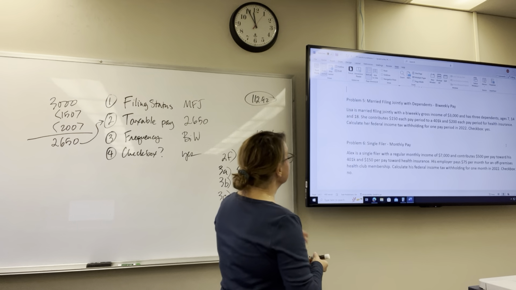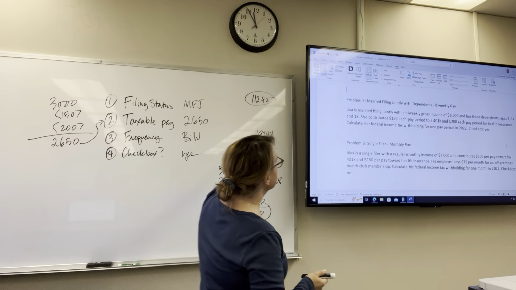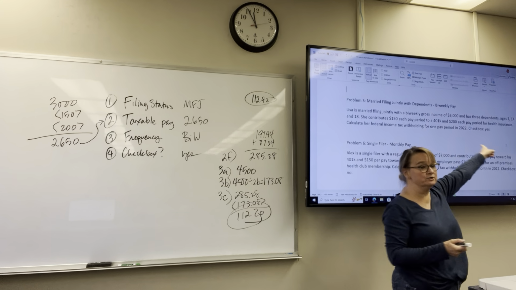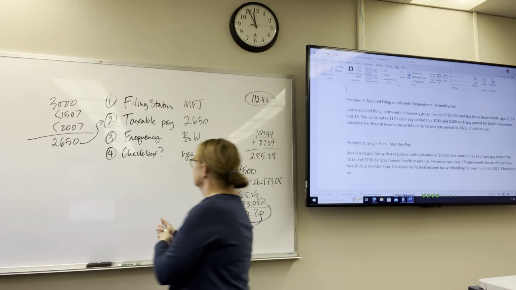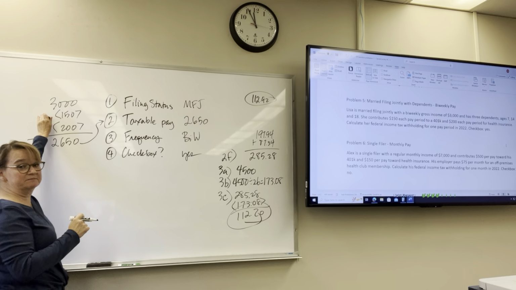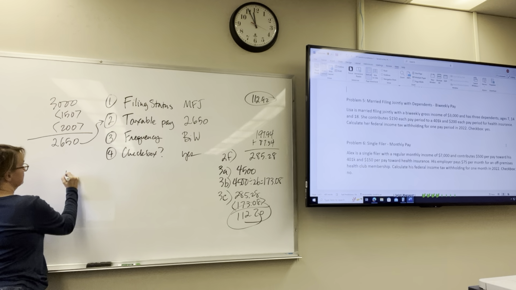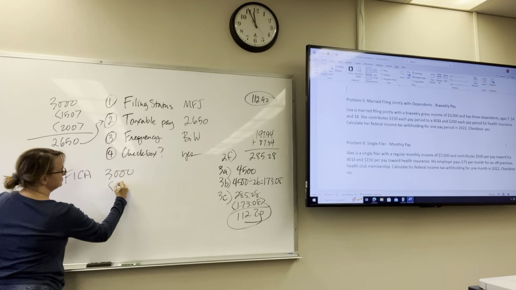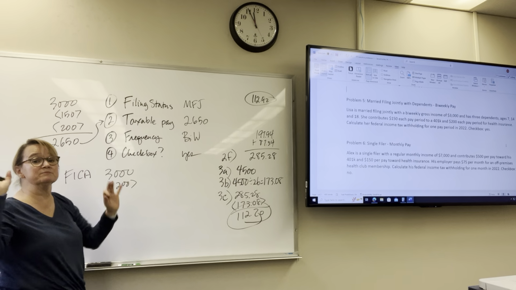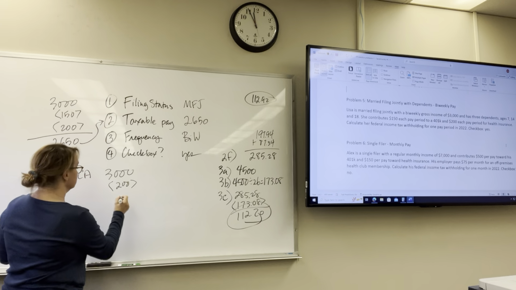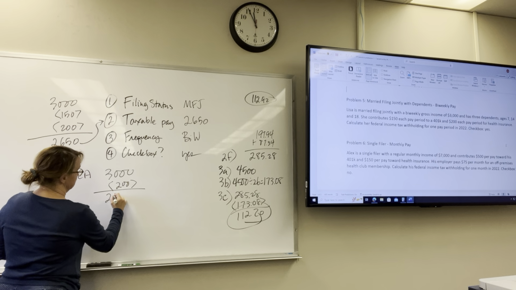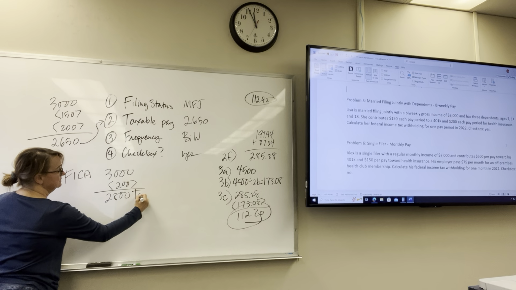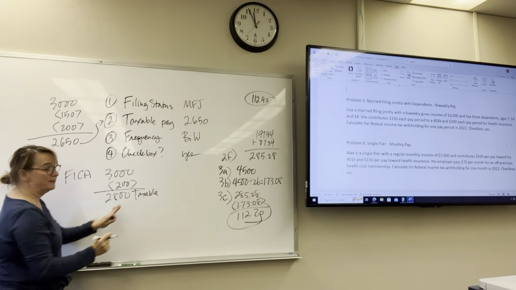So when we're calculating FICA tax, what we would do is take the 3,000 minus the 200. But we're not going to subtract that 150. For FICA, we take 3,000 minus 200, because the health insurance premiums are pre-tax for Social Security and Medicare tax purposes. So the taxable amount for FICA is 2,800.